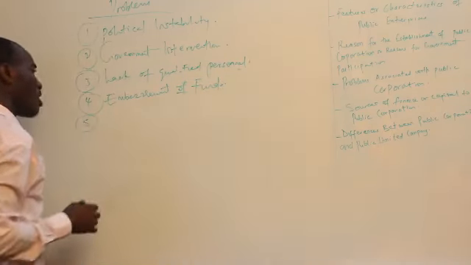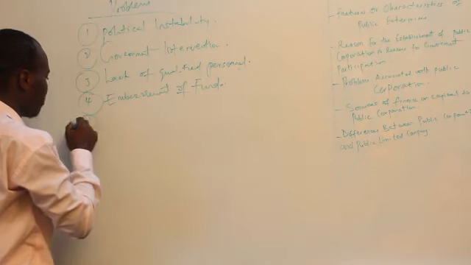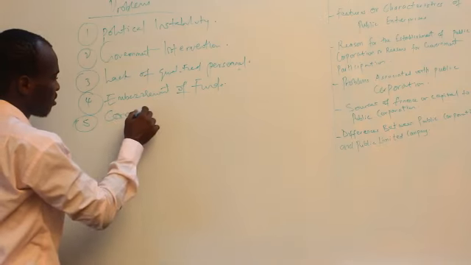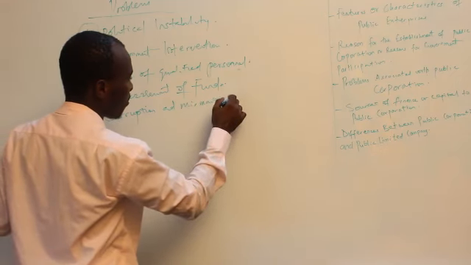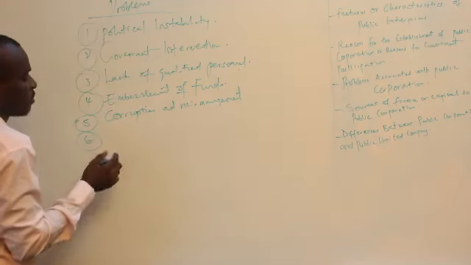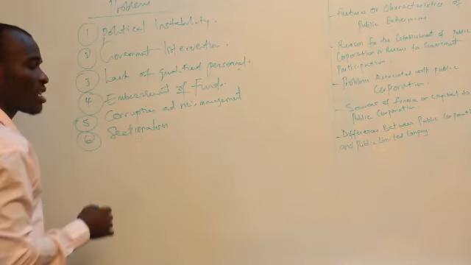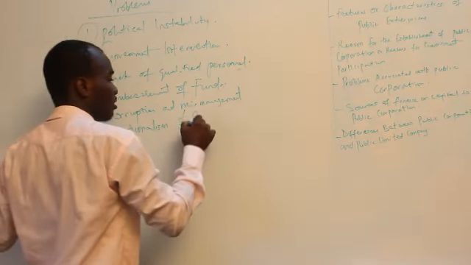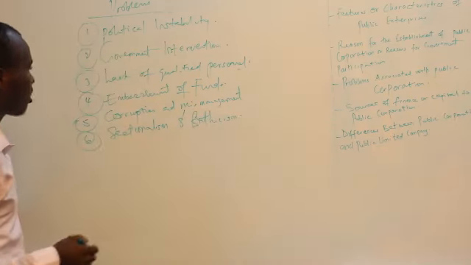We're going to look at the aspect of corruption and mismanagement. Then the aspect of sectionalism and ethnicism.